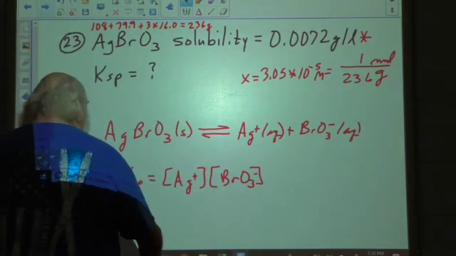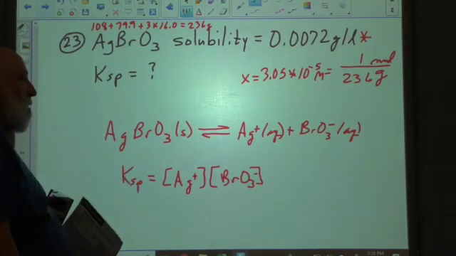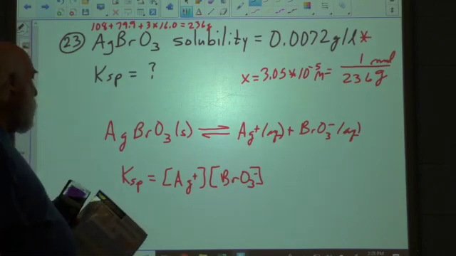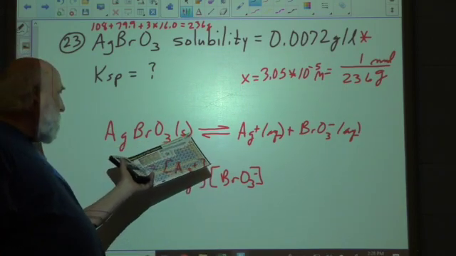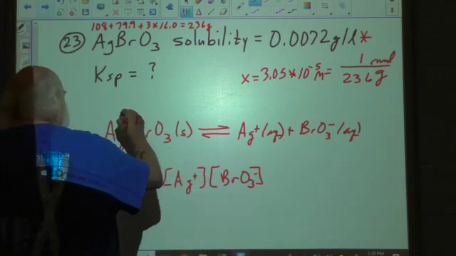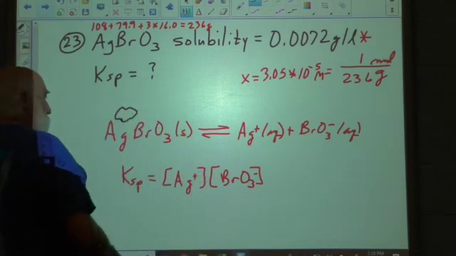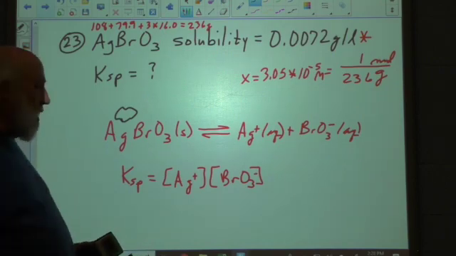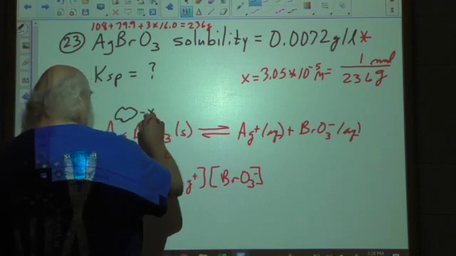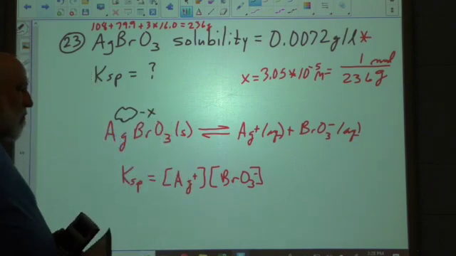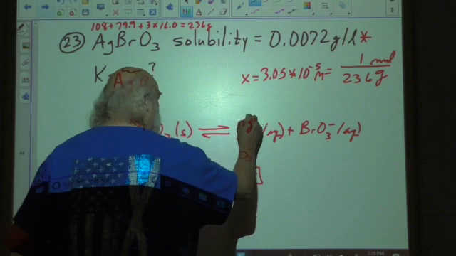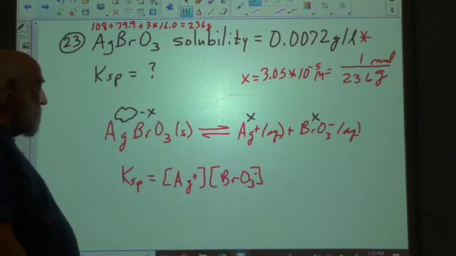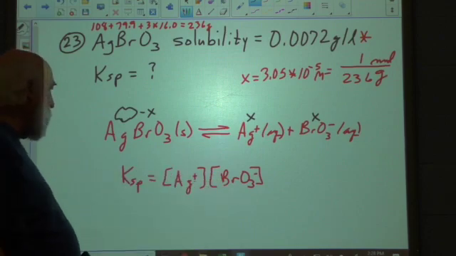Now, to get an idea, kind of like what we did with the acids and bases, even though we can't put this in the denominator because it's a solid, we do have a chunk of this stuff, and that's the international symbol for chunk. A little piece of that chunk is going to be lost, so we'll go minus x there. And this gives us x over here and x over here. So that is going to allow us to come up with an x for this and x for this.